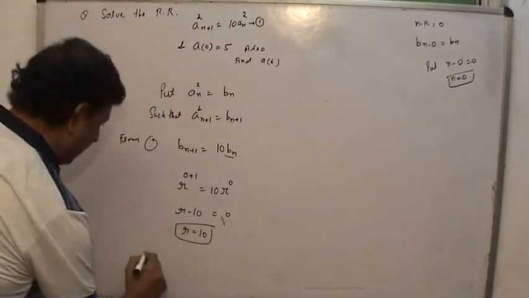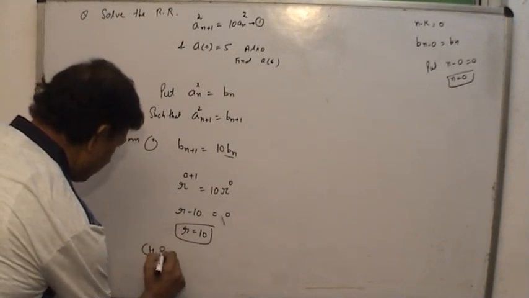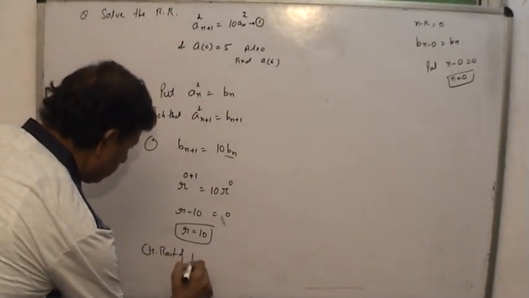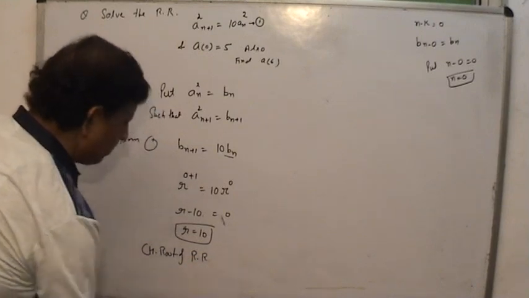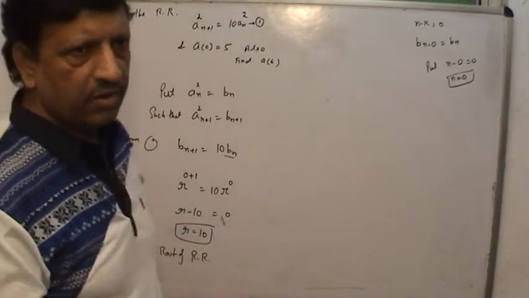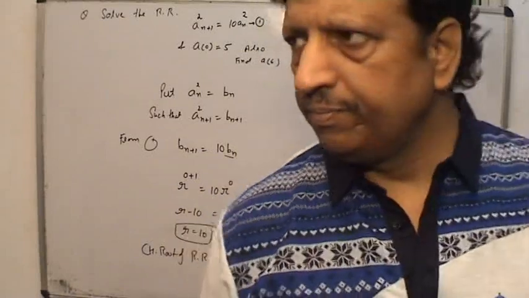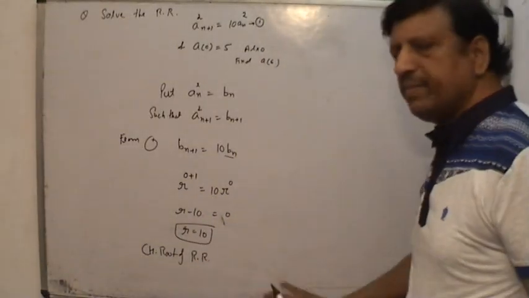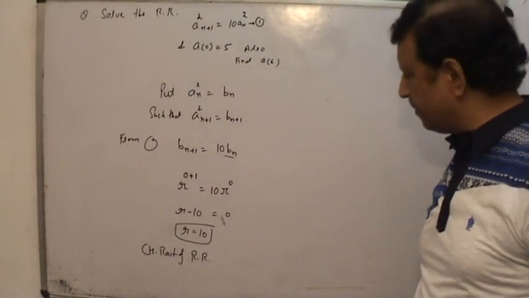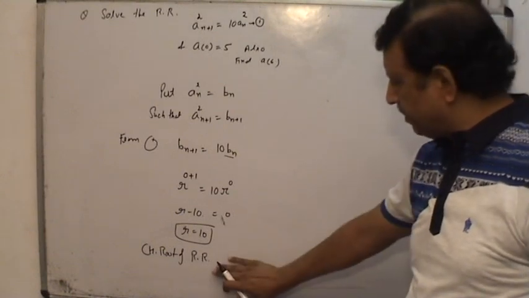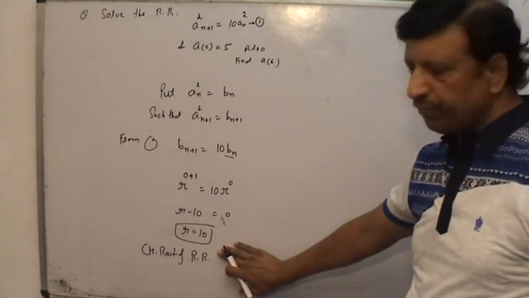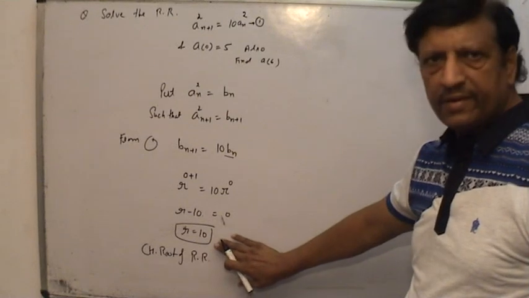We say it is the characteristic root of the recurrence relation, and it is only one root. Last time we discussed two roots, whether they were the same or different. Now here the root is single and it is 10.